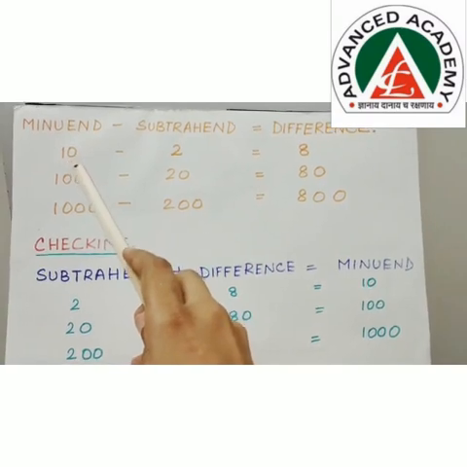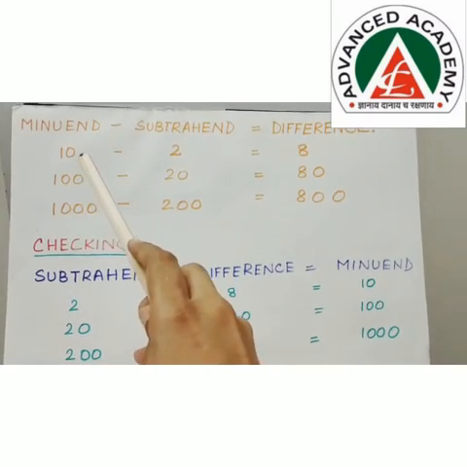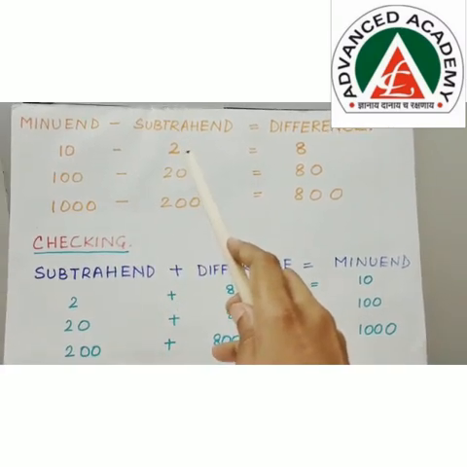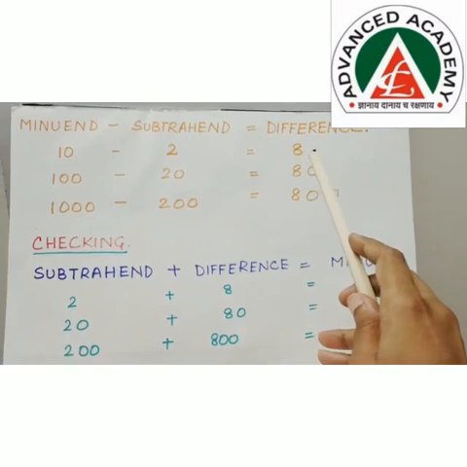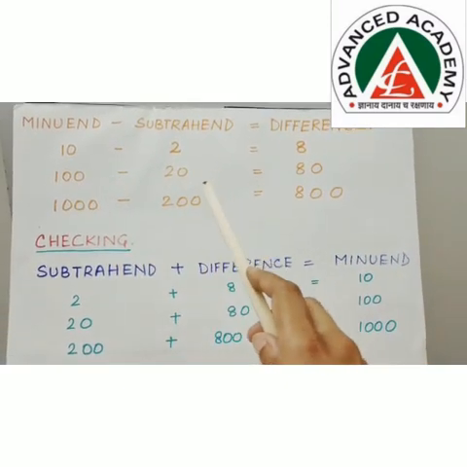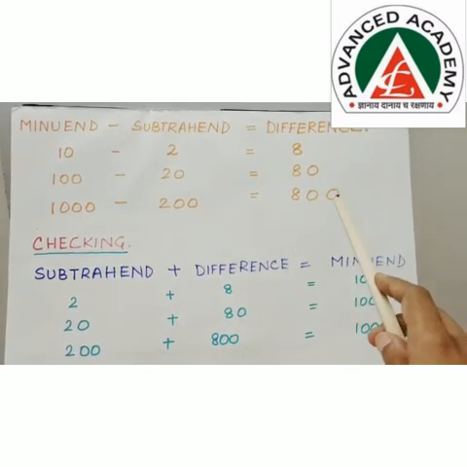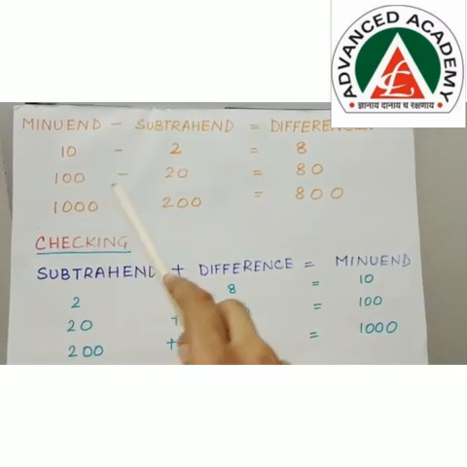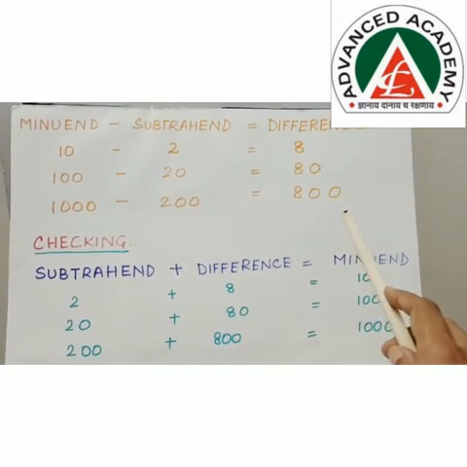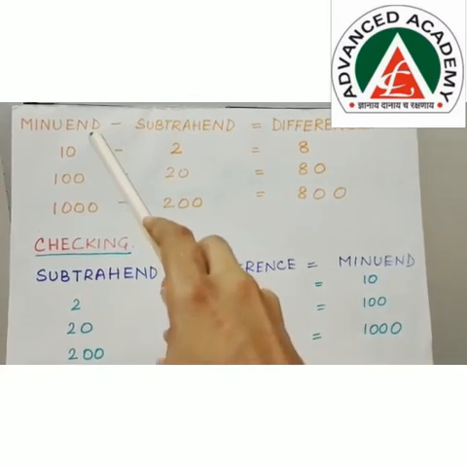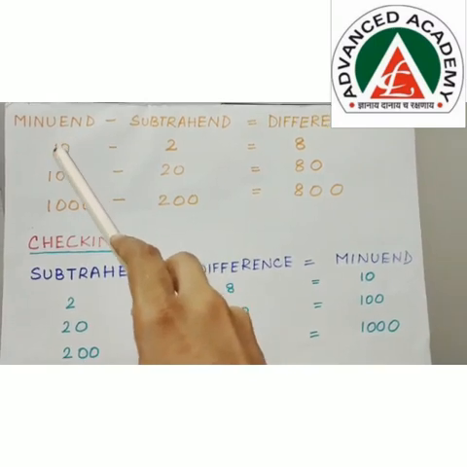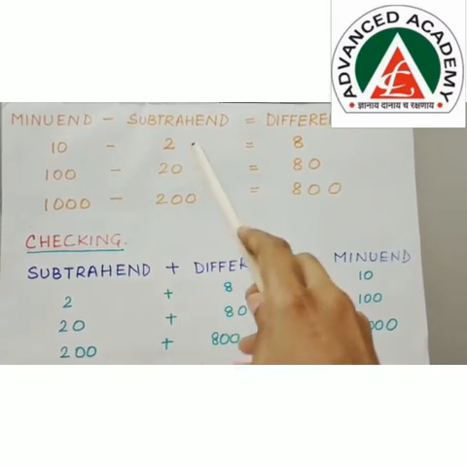So over here I have taken 10, which is a bigger number, minus 2, which is a smaller number. And what do we get? 8. Similarly, 100 minus 20, we get 80. 1000 minus 200, what do we get? 800. I think it must be clear from this that minuend is the bigger number from which the number has to get subtracted.